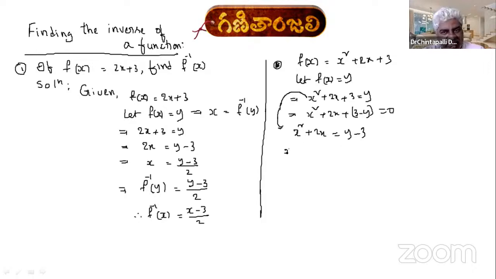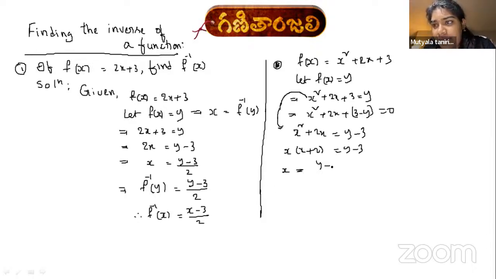If we take x common, x into x plus 2 is equal to y minus 3. Like we did, 2x is equal to y minus 3, then x is equal to y minus 3 by 2. Like that, x is equal to y minus 3 by x plus 2.